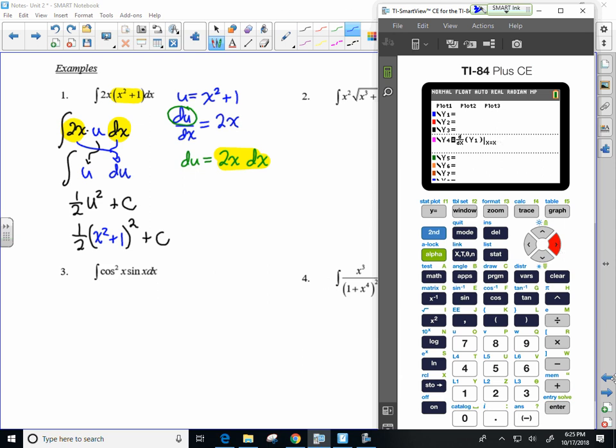So what I would do here is I would take my answer and put that in y1, and I would put the original integrand, the thing that was in the integral, I'd put that in for y2.